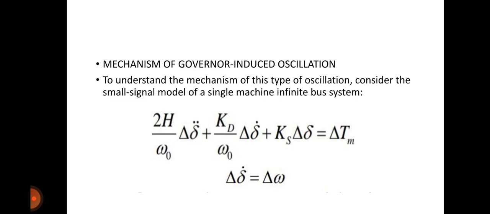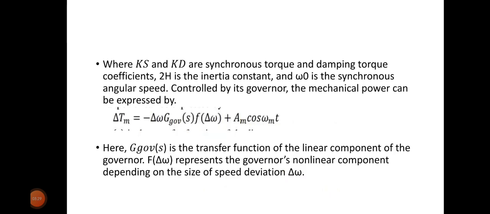Here delta rho is equal to delta omega, where Ks and Kd are the synchronous torque and damping torque coefficients.